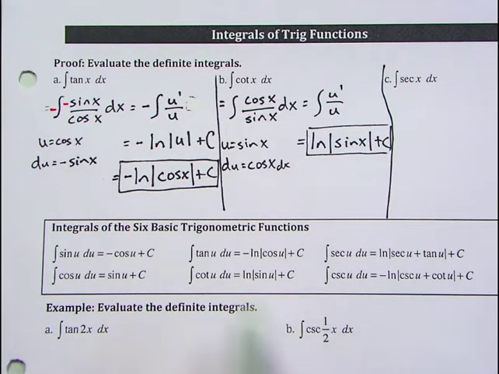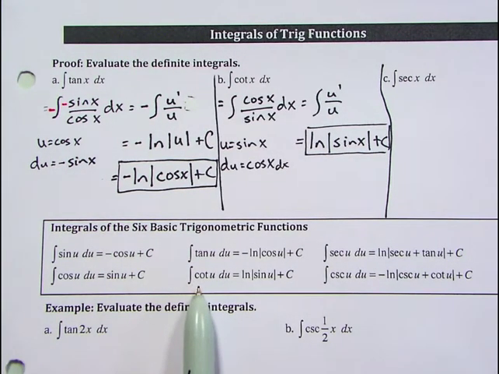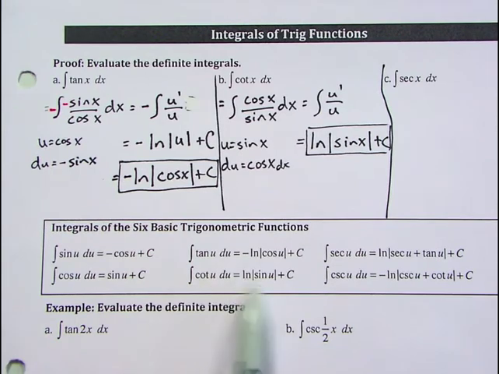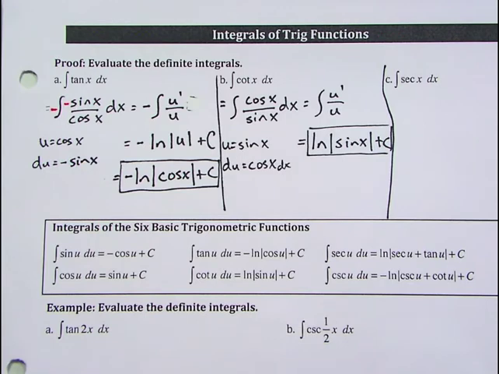And you can see that that's right down here. Integral of cotangent u is natural log of sine u. And there we go.